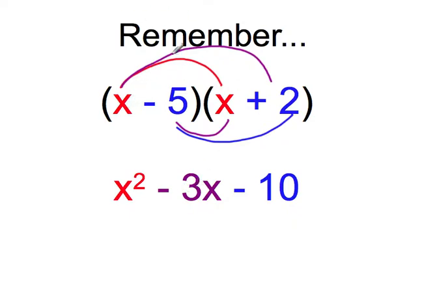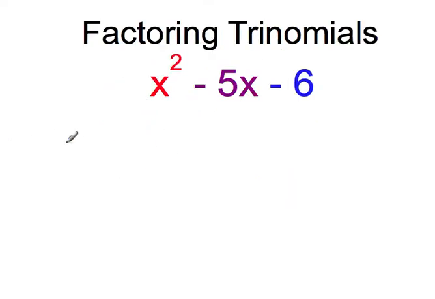Notice that this x multiplied by this 2 is 2x, and this negative 5 multiplied by this x is negative 5x. And when you combine 2x and negative 5x, that's where you get your negative 3x from. So the term in the center, the purple, is really a mixture of the factors of x squared and negative 10, then added together. We're going to use the fact that this pattern occurs in order to factor trinomials.